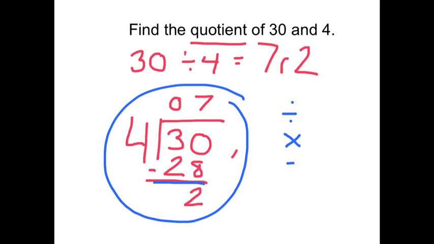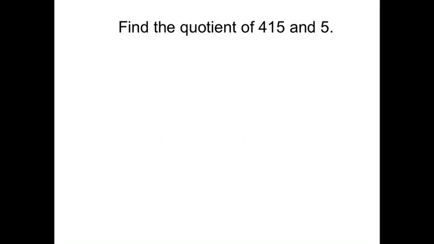Then I subtracted to find out if there was any remainder. And then if there were more numbers, I would have to bring down. And some people remember that by saying daddy for division, mother for multiplication, subtraction is sister, and bring down is brother.